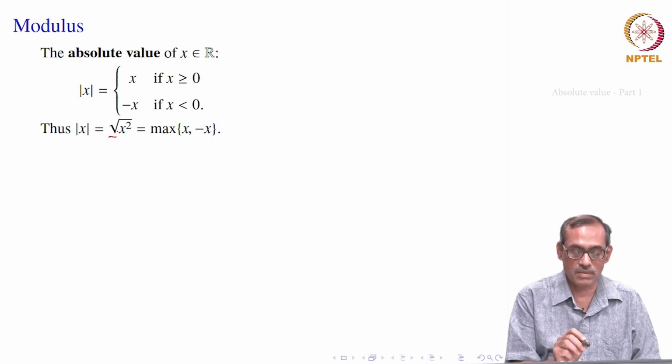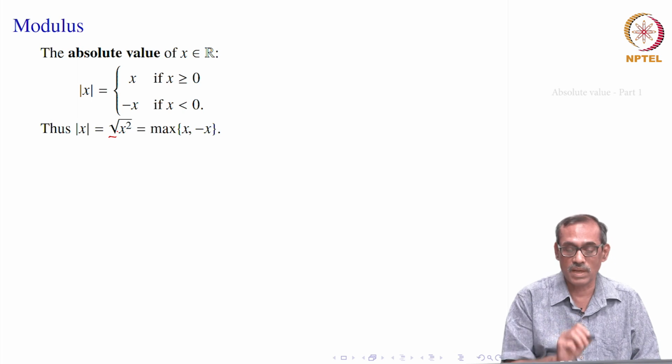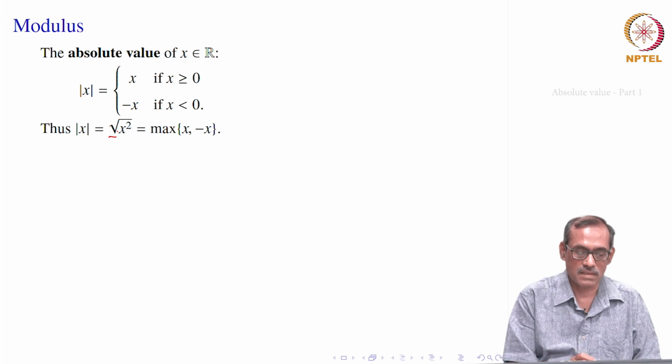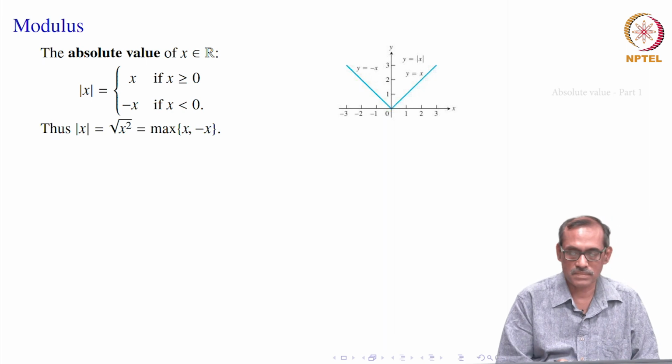So, we can write mod x equal to non-negative square root of x square, which is also equal to the maximum of both these values x and minus x. Because suppose x equal to 1, you get maximum of 1 and minus 1 as 1, and if x equal to minus 1, you get maximum of minus 1 and 1, which is 1. That is what the modulus means. So, these are two different ways of writing mod x.